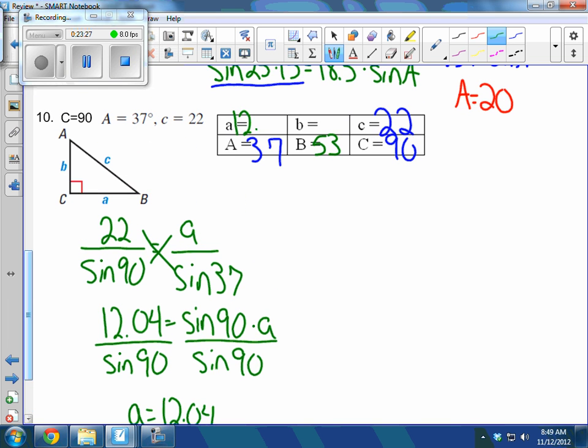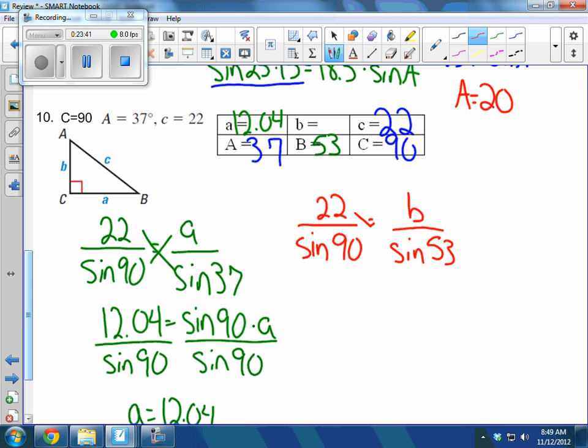And now I can do this again, but this time I'm going to use my law of sines and find little b. So cross products, 22 times sine of 53.